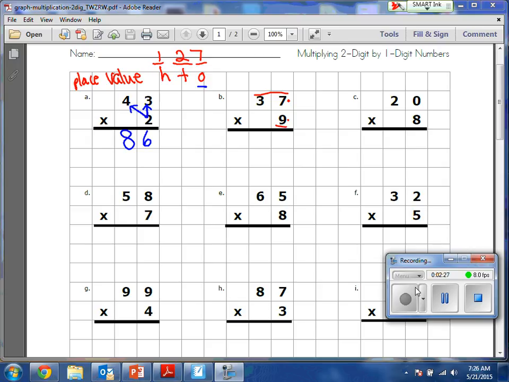What is 7 times 9? If you said 63, you are correct, but here's the thing. We're not going to put 63 right in there. We only have enough room to put one number down right now. So we're going to go ahead and put, staying with the ones, the 3 for 63 right there.